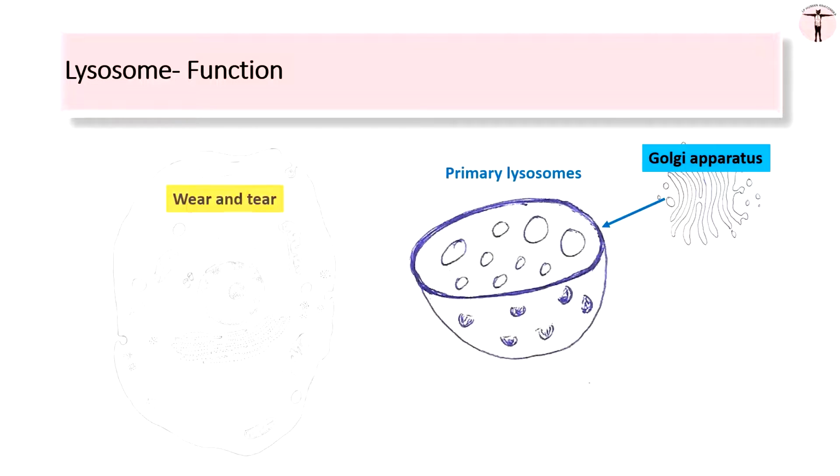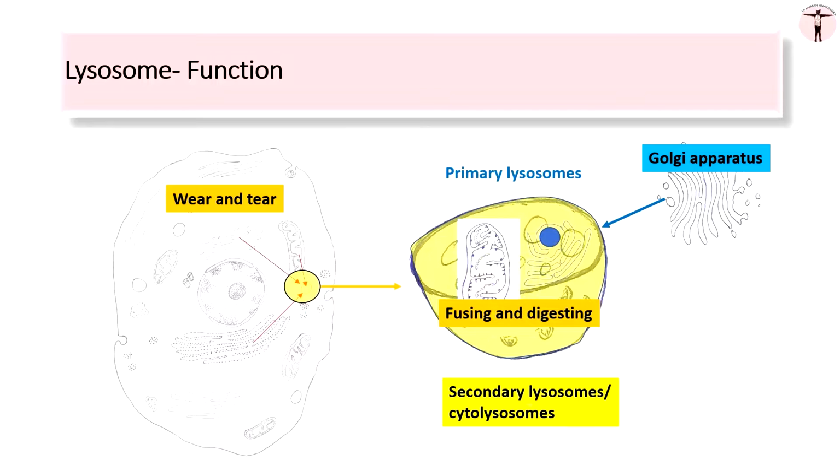In the process of wear and tear of the cell, functionless pieces of mitochondria, Golgi apparatus, and endoplasmic reticulum coalesce with the lysosomes and undergo digestion. Such fused bodies form secondary lysosomes and are known as cytolysosomes. Thus, the lysosomes are endowed with the function of removing the damaged structures or degradation remains of the cytoplasmic organelles. This process is called autophagy.